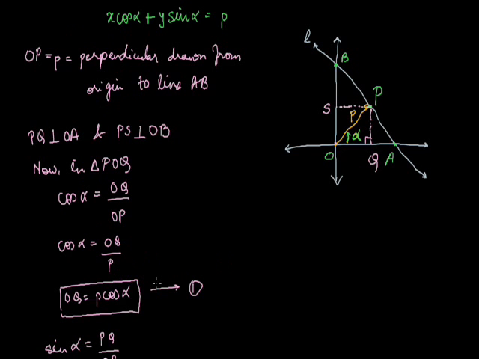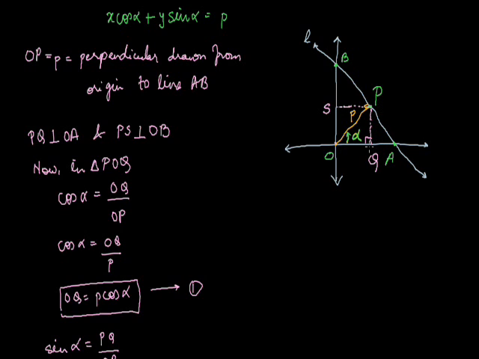Now I can see that my OS and OQ represent the coordinates of my point P, since the x coordinate represents the distance from the y-axis to the point and the y coordinate represents the distance from the x-axis to the point.